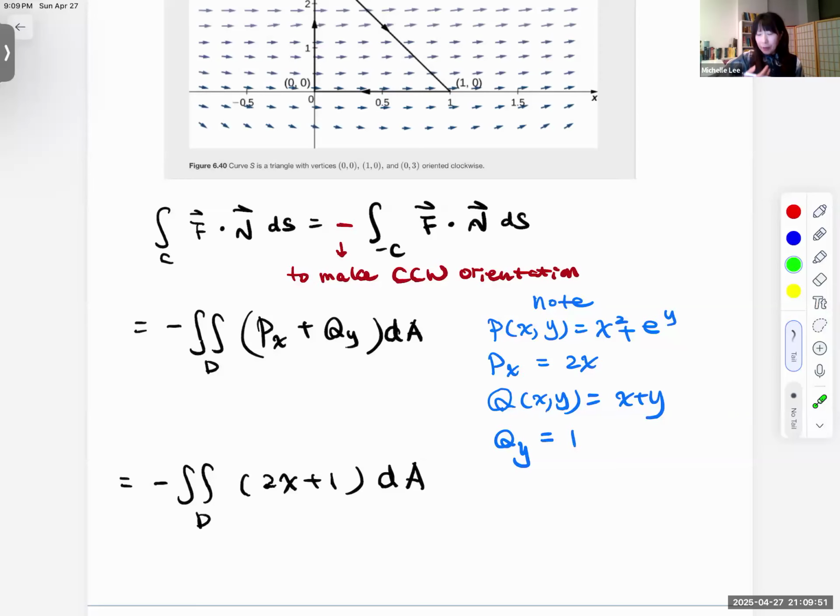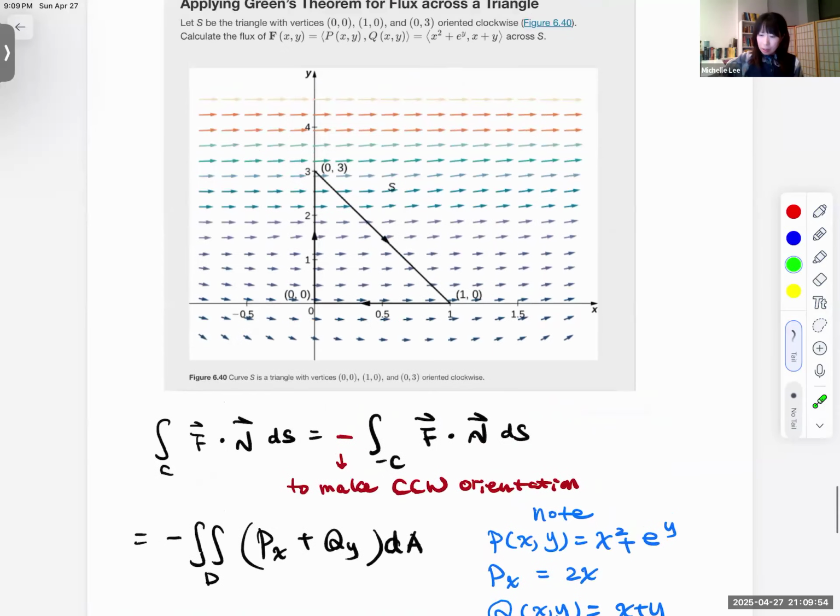Okay, now let's find the limits. For x, we have 0 to 1, obviously. But what about the y? We cannot use 0 and 3 because this is a triangle. So we want to find this equation. The y-intercept is 3, so we start with that, plus 3. Then we need to find the slope.